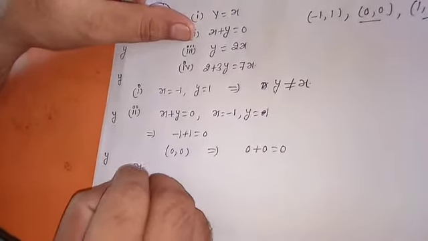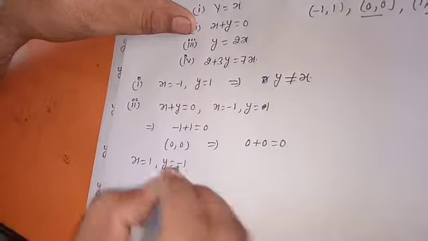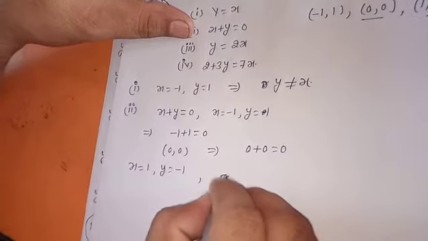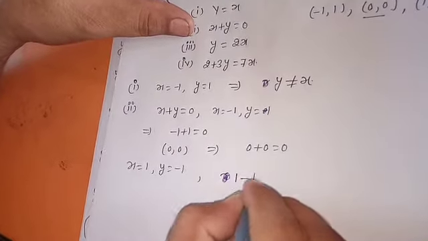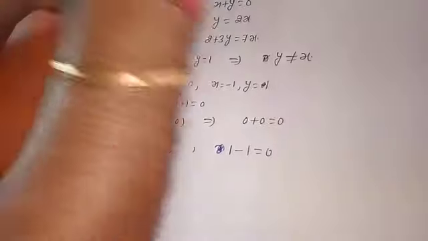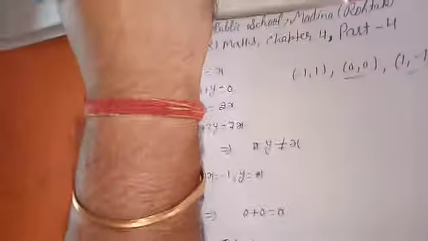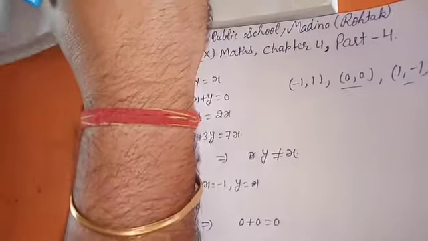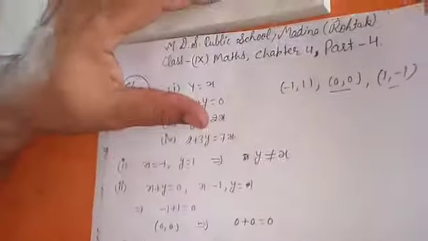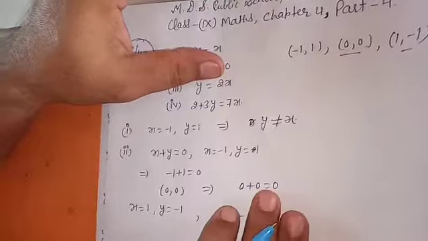Satisfying second also. Third one, check if x is equal to 1 and y equal to -1. So 1 minus 1 equal to 0. Satisfying. It means all the points satisfy. It means this is the graph of this equation.